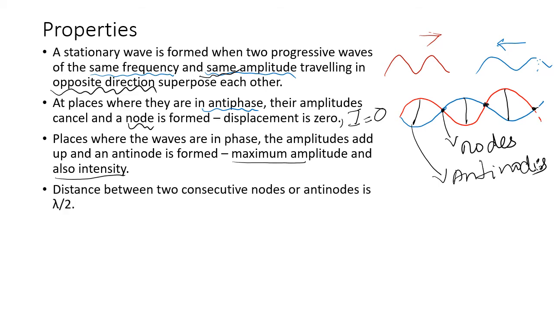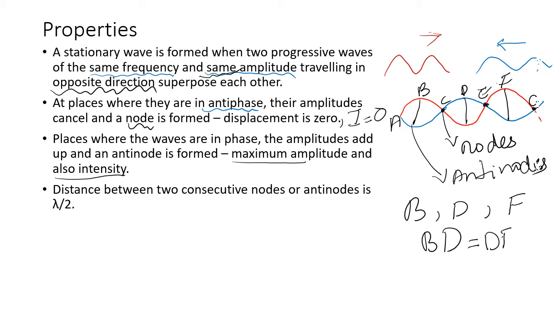The distance between two nodes or two antinodes is always lambda over 2. If I call these points A, B, C, D, E, F, G, we can see that B, D, and F are antinodes. So the distance between B and D, as well as the distance between D and F, is lambda over 2.